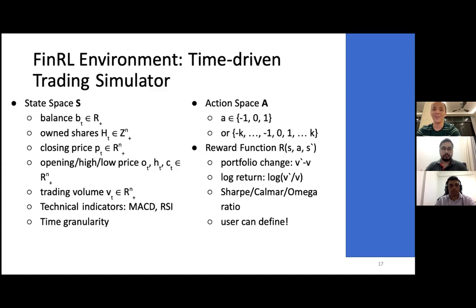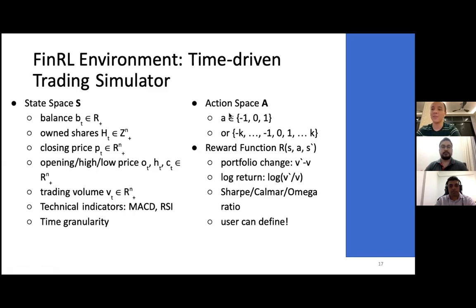State space may contain any or all of balance, owned shares, closing, opening, or high-low prices. It may also contain trading volume, some technical indicators like moving average convergence divergence, or some indicators related to risk. And it also contains time granularity, which can come in terms of minutes, hours, or days. So we can work with different time granularity.